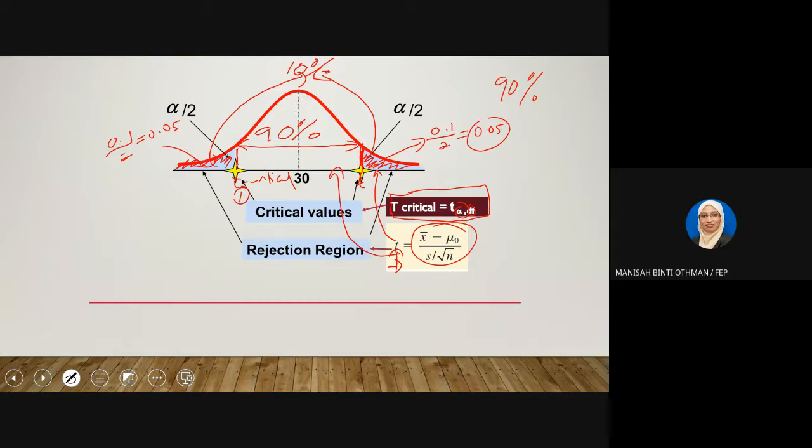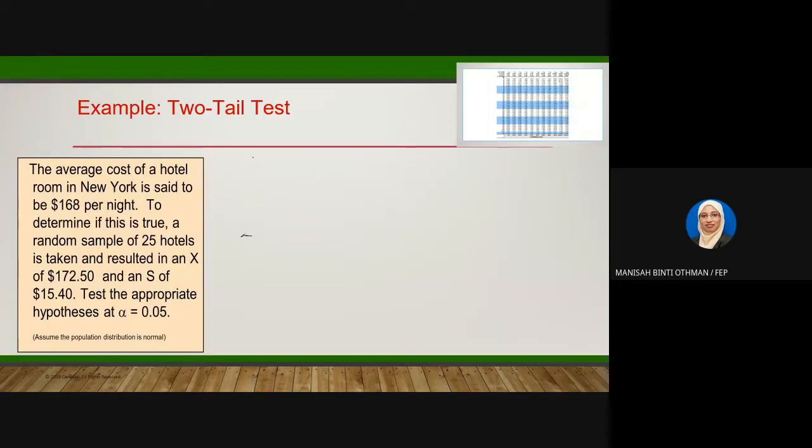Let's go to the example directly, so that you can understand more how to determine the rejection and non-rejection. First we start with the two tail. The average cost of a hotel room in New York is said to be $168 per night.